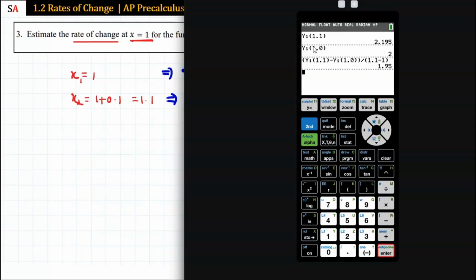But we are taking a very small interval, right? So this is the estimated rate of change. If you take smaller and smaller intervals, you will get a better and better rate of change.